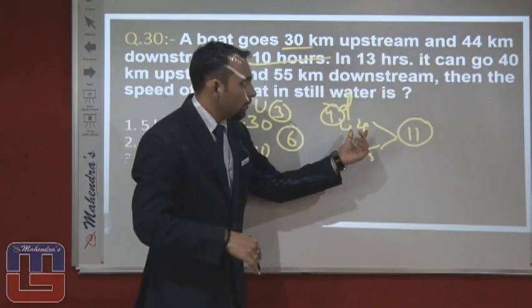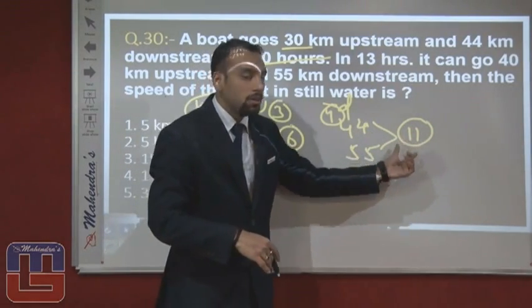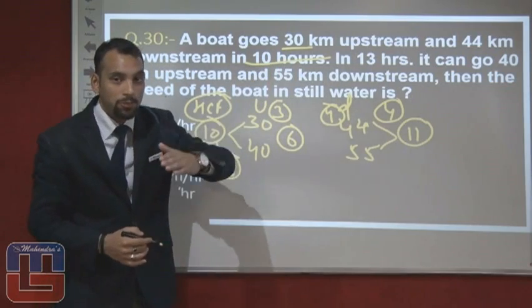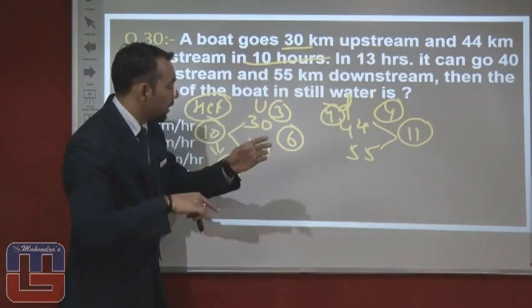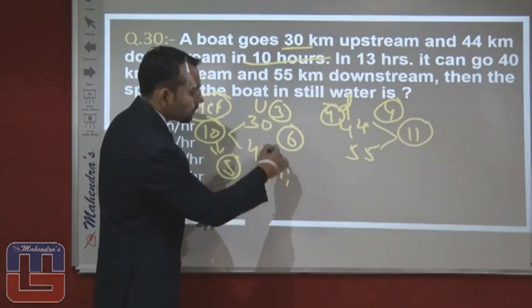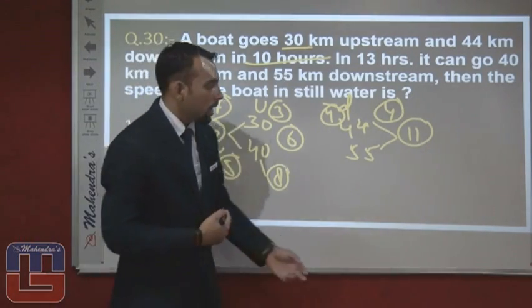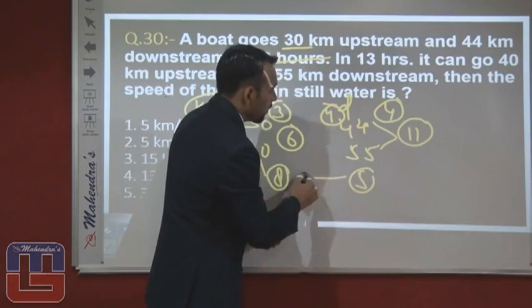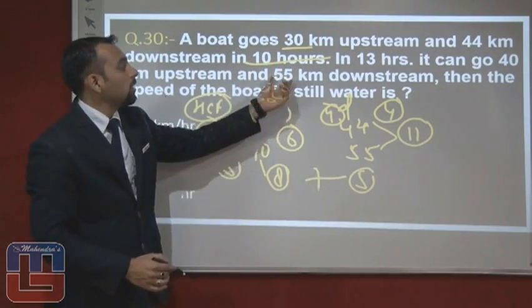On the same, 44 at speed 11 will be 4 hours. Now 4 plus 6 is 10, satisfying. Second case: 40 divided by 5, you will get time 8. Same, 55 by 11, you will get time 5, and the summation of both is 13.